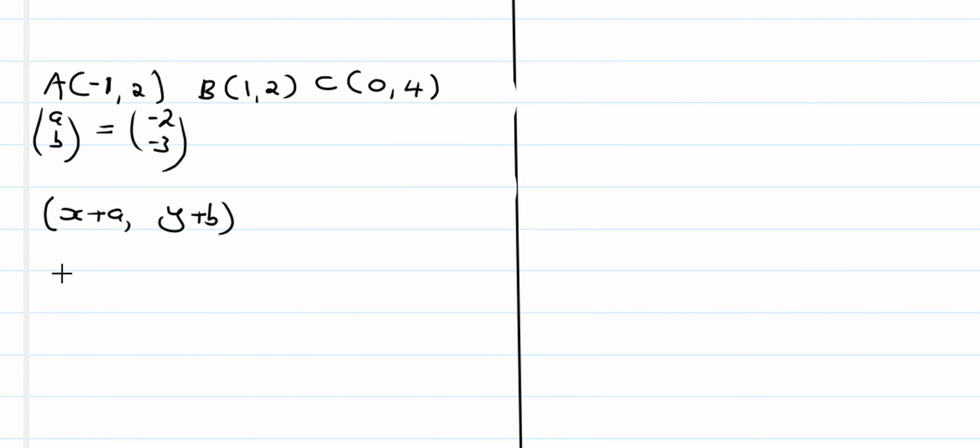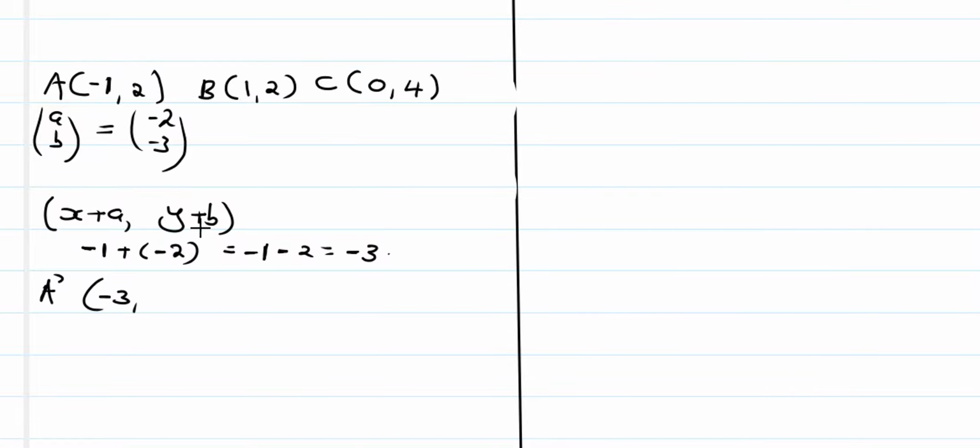For the first one, x is -1, and we are adding a, which is -2. Adding a negative is like subtracting, so -1 minus 2, which becomes -3. So our first coordinate becomes -3.